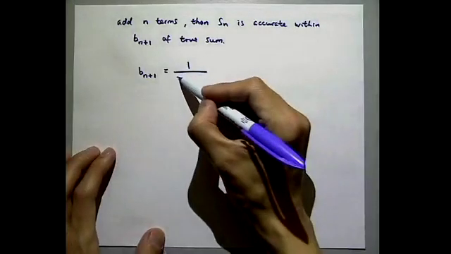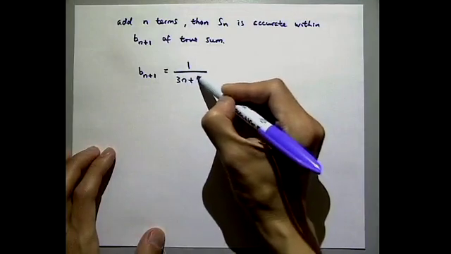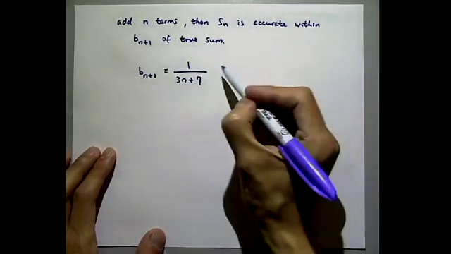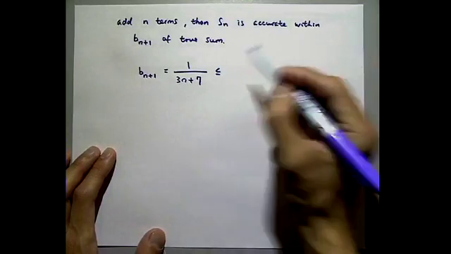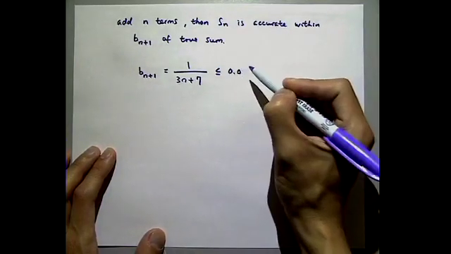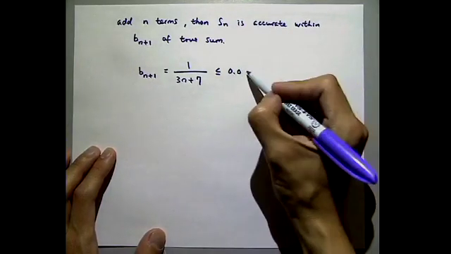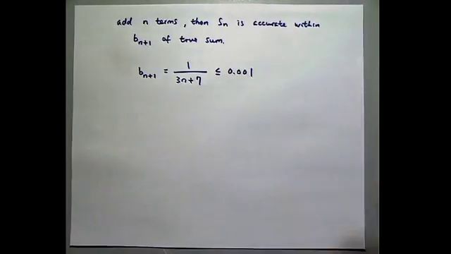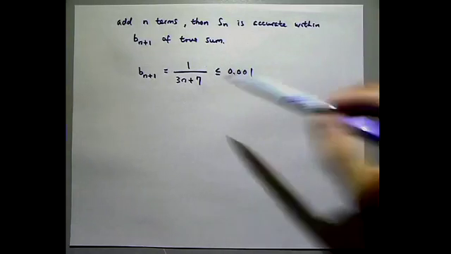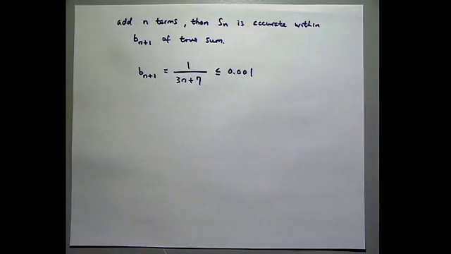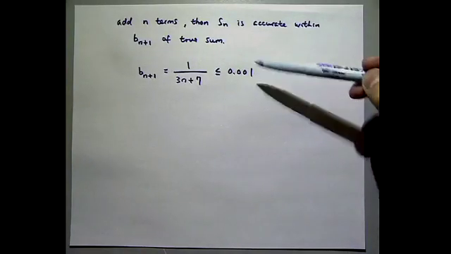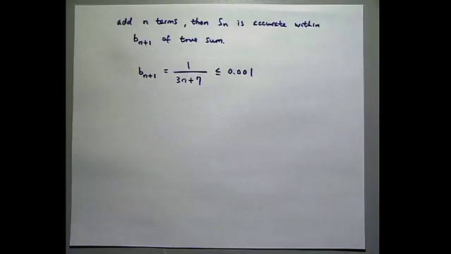So that's 1 over 3n plus 7. And we want this to be within 0.001, sorry. Okay, so if I add n terms, then the next one, the one I ignore, tells me the accuracy. I want this to be less than or equal to 0.001. The equal part tells me where to stop.